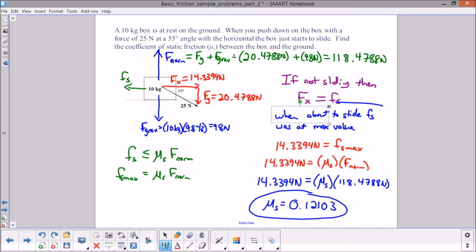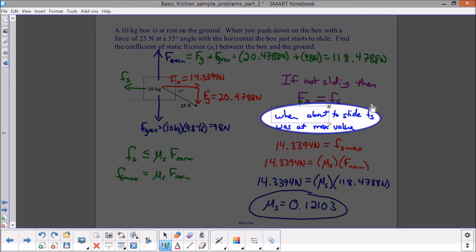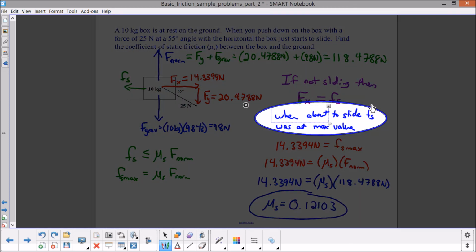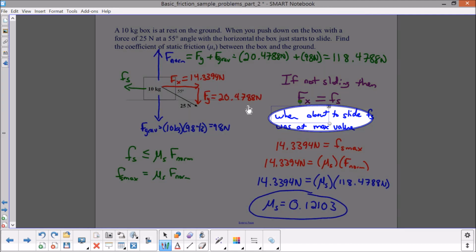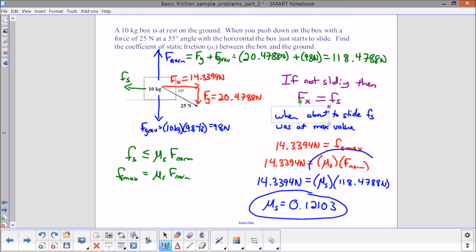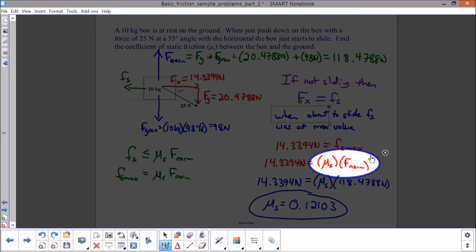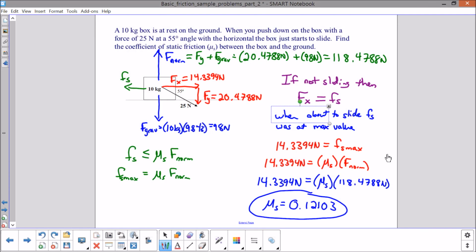So again, when it's about to slide, you know that static friction was at its maximum value. And that's the only time that you can use the coefficient of static friction times the normal force. And if you're not told that it's about to slide, if you're not told that static friction was at its maximum value, you cannot make that assumption, and you're just looking for forces to be balanced.